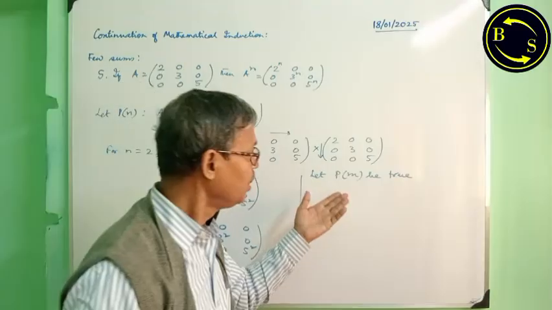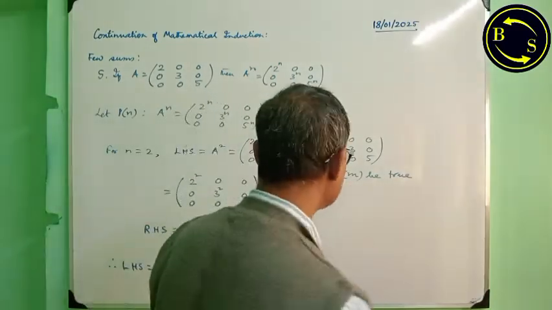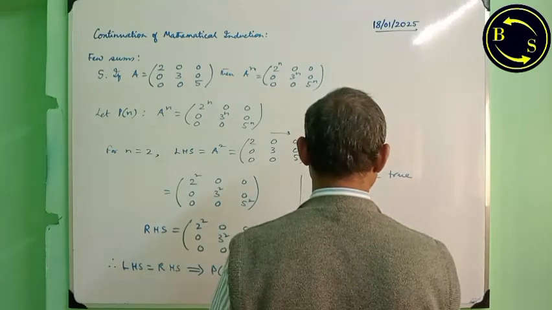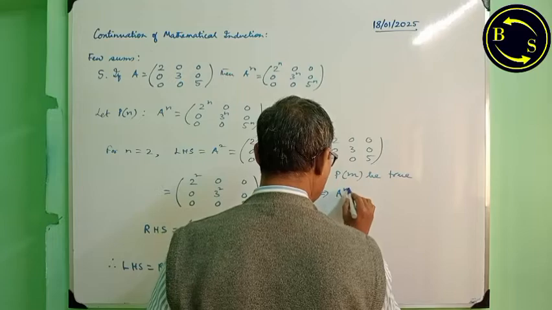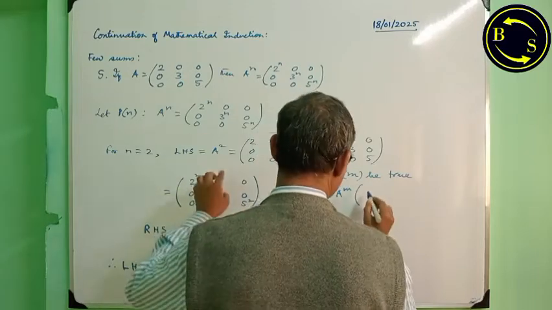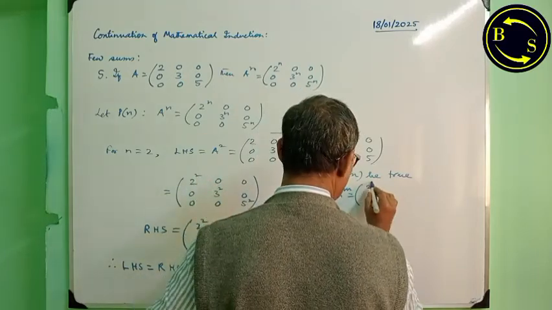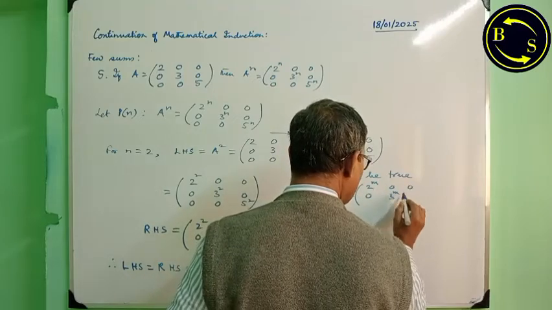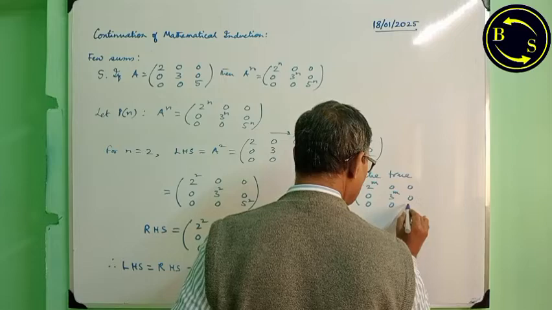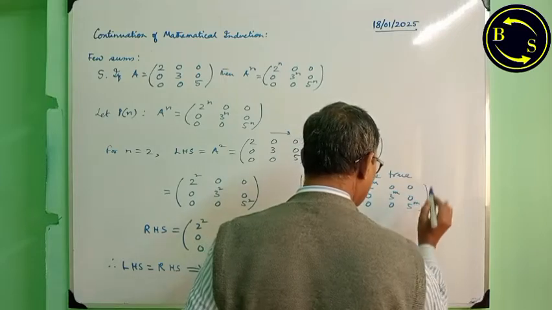This is inductive hypothesis. A to the power m is equal to [2 to the power m, 0, 0; 0, 3 to the power m, 0; 0, 0, 5 to the power m].